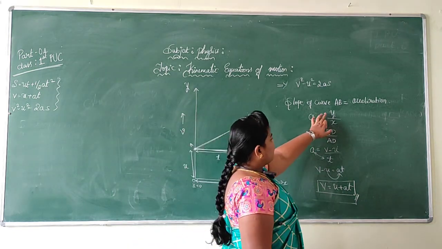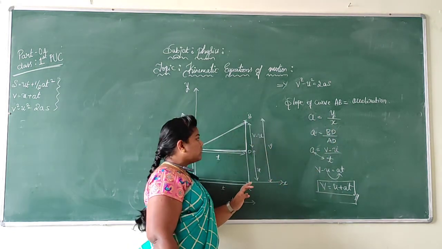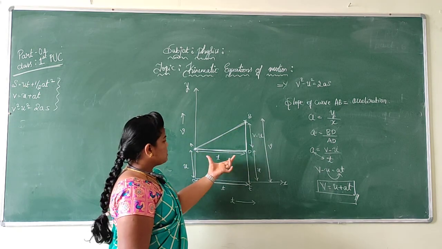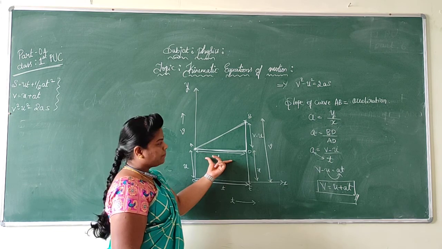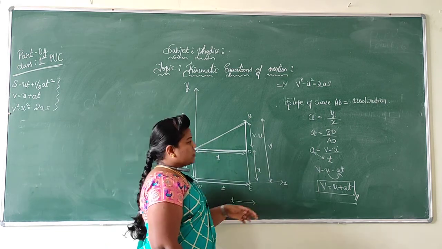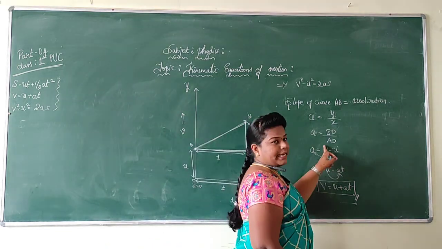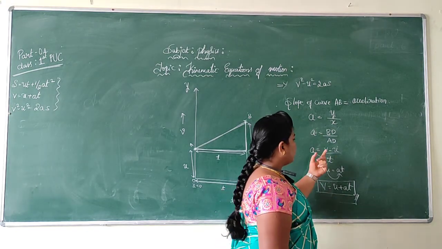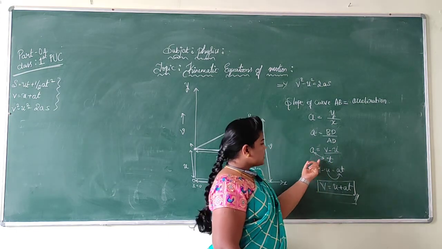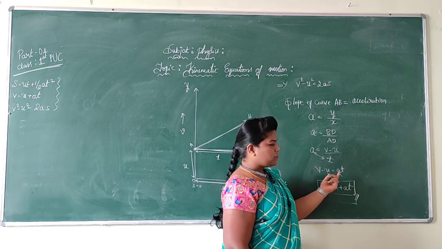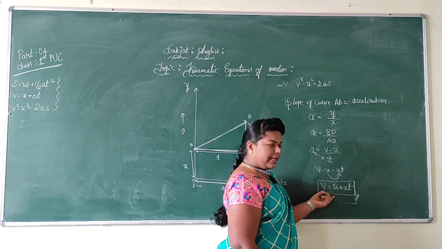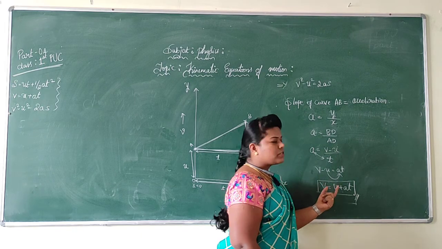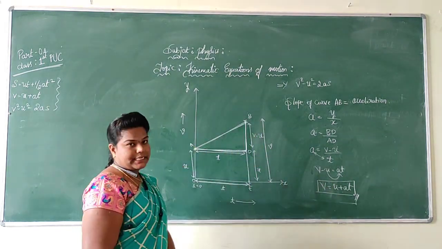So the slope can be written as y by x. Here the side parallel to the y-axis is BD and the side parallel to the x-axis is AD. Then the acceleration A can be written as BD by AD, where BD is taken as V minus U from the graph and AD is taken as T. Just by cross multiplication I got V minus U is equal to AT, and by shifting the minus U to the RHS, we get V is equal to U plus AT.